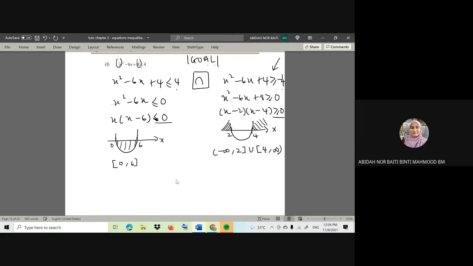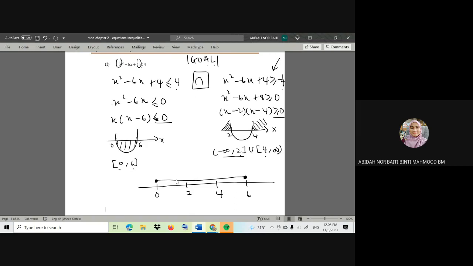So this is when we use the number line method to combine all the answers. Here we have 0, 6, 2 and 4. So arrange them: 0, 2, 4, 6. So 0 to 6, we use an open circle and connect.